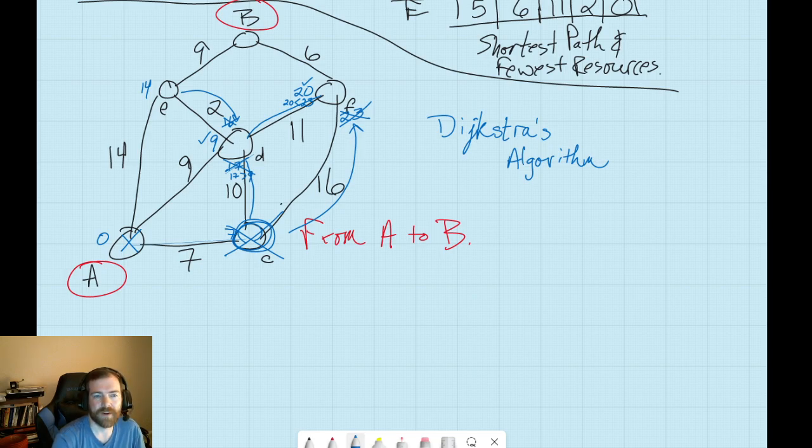Then we would try, okay, from E, we could also then go to B, which is, again, the goal, but your algorithm will not be able to discern that, right, immediately. It's going to say to itself, well, it could potentially be faster to go from A to E to D and then somewhere eventually get to B. So it doesn't know any better.